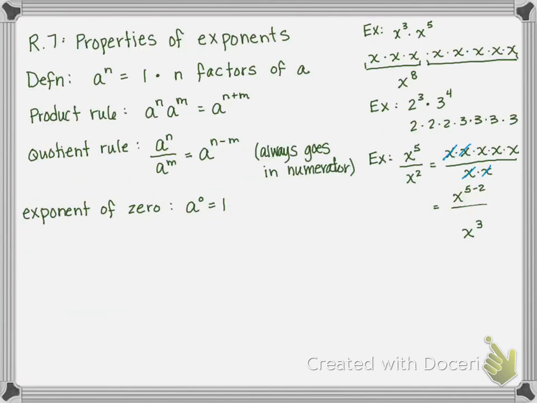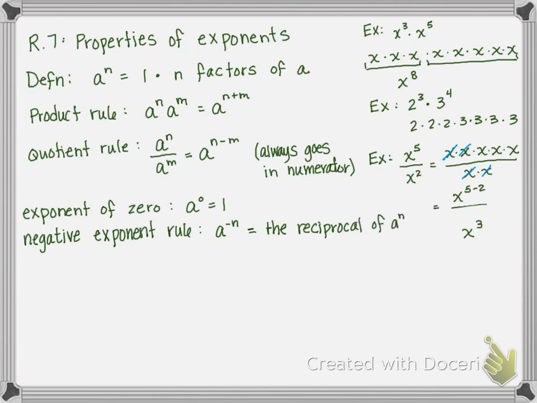So our negative exponent rule says a to the negative n equals the reciprocal of a to the positive n, also known as 1 over a to the n.